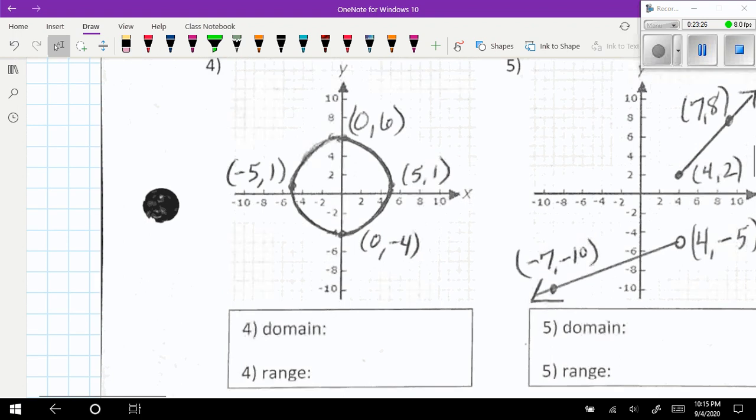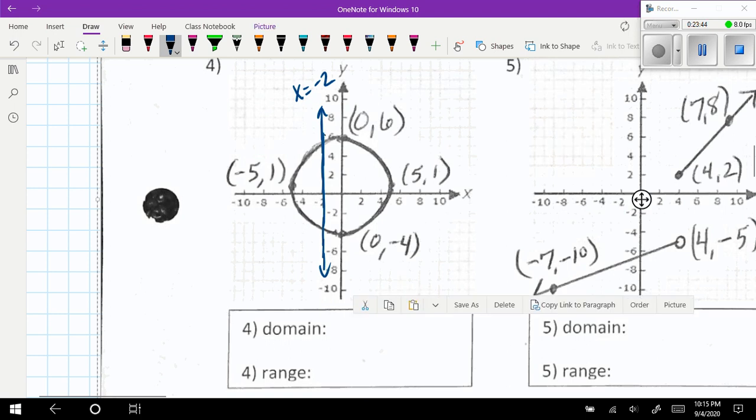Okay, first off, this is not a function. This is not a function because I can show you an x value. Let's just say x equals -2, which would be right here. A vertical line represents an x value. So that particular x value of -2 has two different y values that it's paired with.